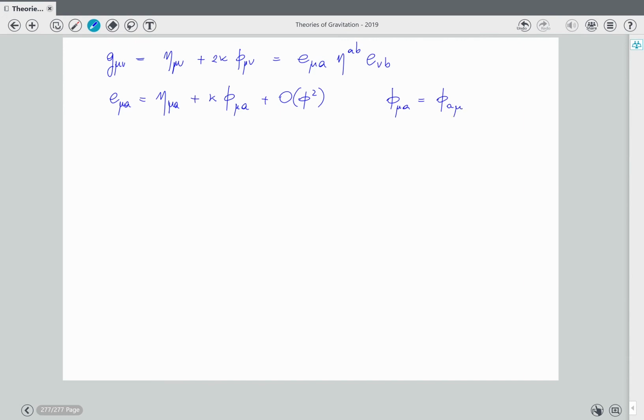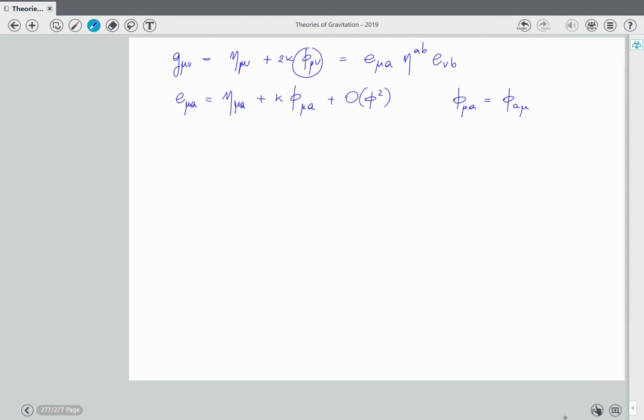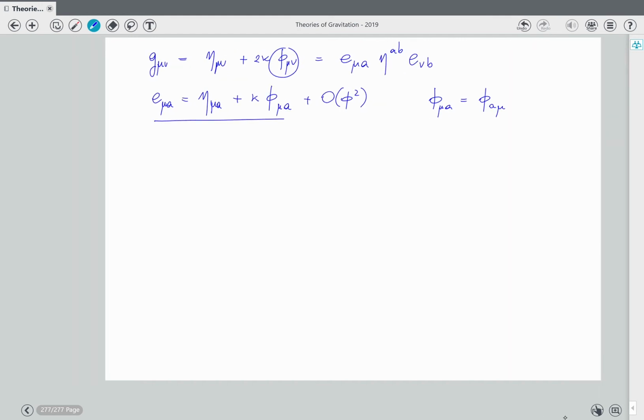Actually, this is built in here, because if you define phi_mu nu like that, it's already symmetric. So let's say it better. If you define phi_mu nu like that, then when you want to find the solution of this, it will not be the unique solution, because any local Lorentz transformation will preserve the structure here in the metric eta.